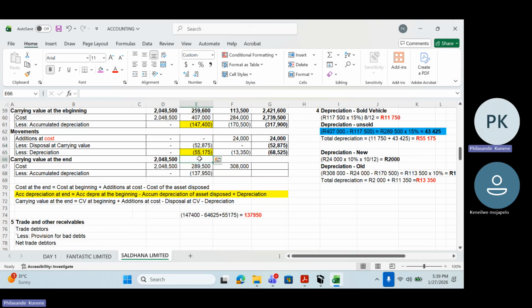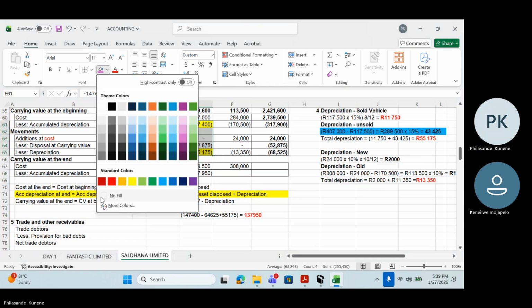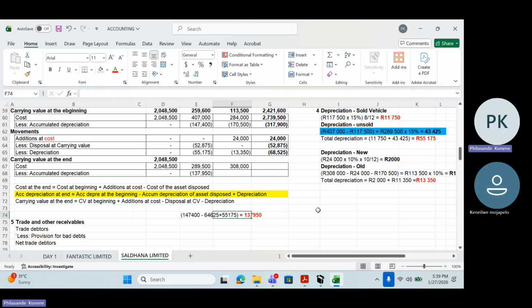Okay, then how much will be the carrying value? 289,500 minus 137,950 is 151,550.